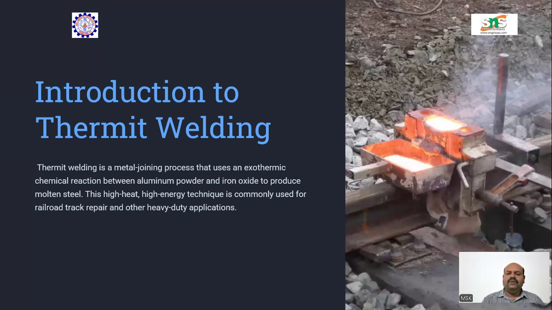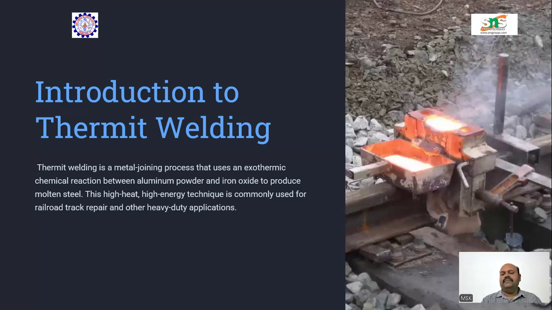So you could see a small picture here where the rail is there and there is some process going on in this rail. Can you guess what that is? Yes, it is about to join two rails. So this process is nothing but, yes, the welding process. And we have named this process thermit welding.